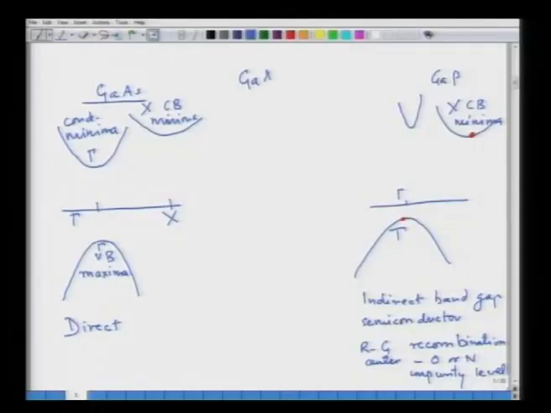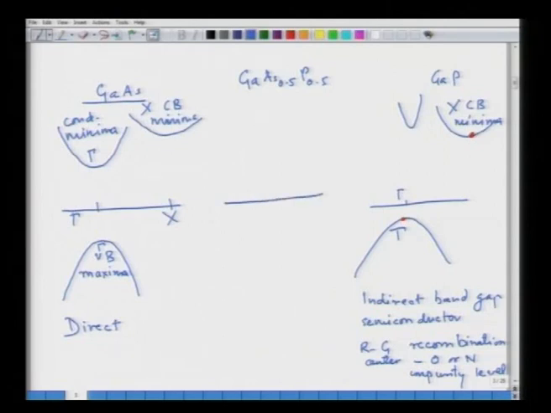Composition of gallium arsenide 0.5 and phosphide 0.5, which is in between the two compositions for arsenic and phosphorus. At that point there is a crossover; it stays direct all the way up to about 0.5, and then it becomes an indirect band gap.